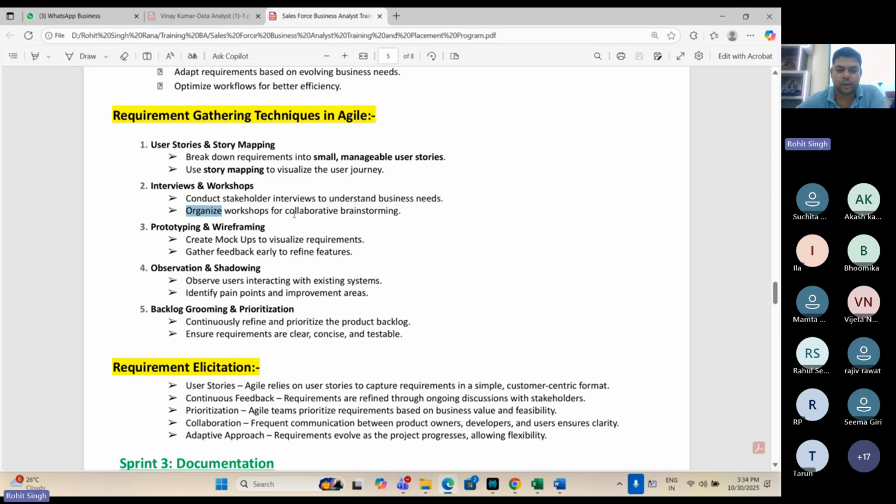Or organize a workshop to collaborate on the brainstorming sessions. Or you create mock-up screens, wireframes, prototypes to show it to the client and get as much information as possible so that you can understand the mindset of the client.